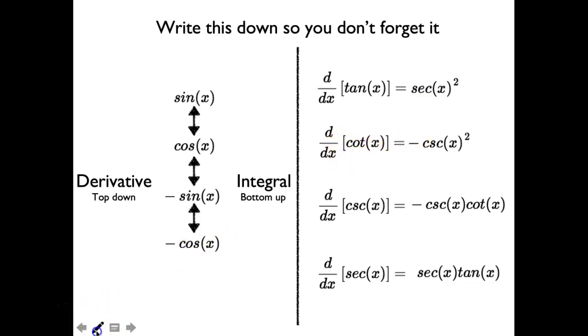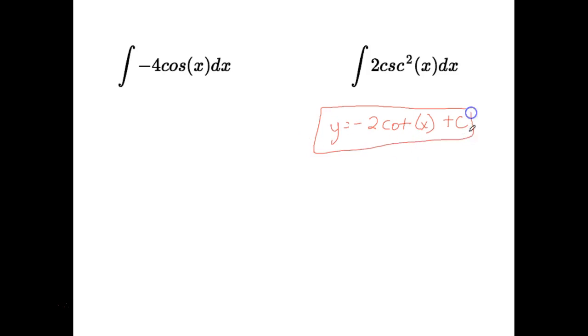So if this is positive, that means that this has to be negative. So the integral of this is, bring the 2 down, and then it's going to be negative cotangent of x, plus c. And that's going to be my original on that one. That's the integral.